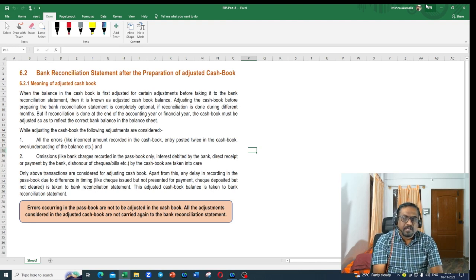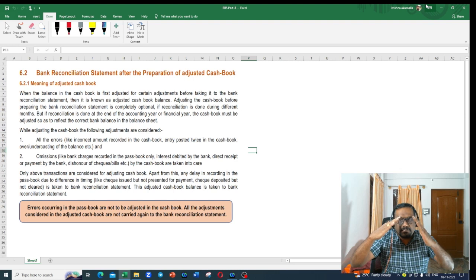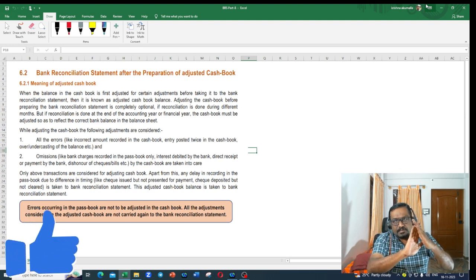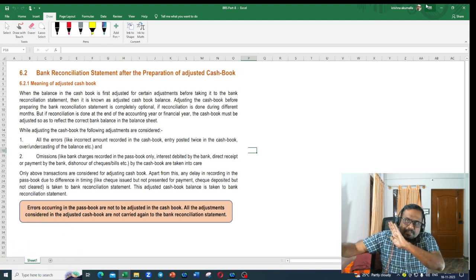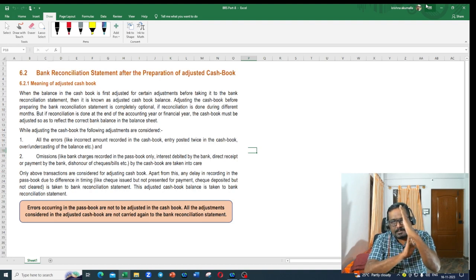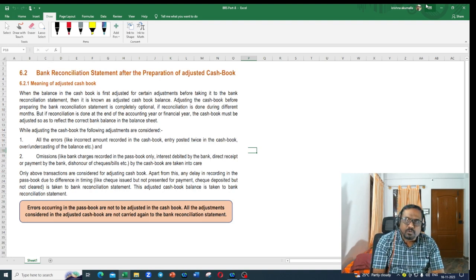But while we are in this process, there is a different methodology you can follow. First, you identified two types of errors: errors in the cash book and errors in the passbook. Errors in the passbook you can't rectify, so the banker should rectify them. Let us keep them aside and take the cash book errors. What are you supposed to do with them?